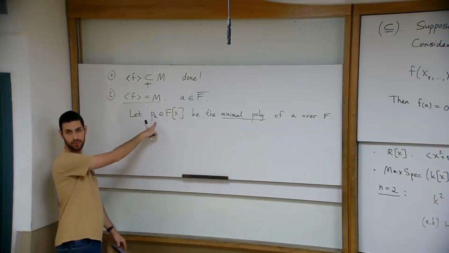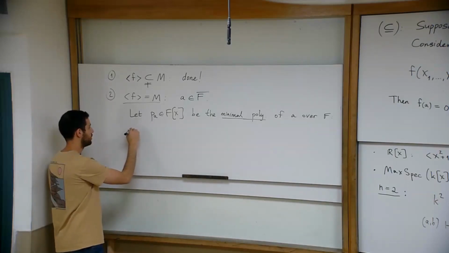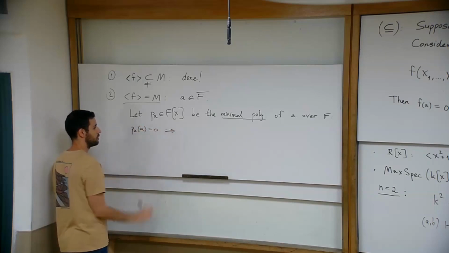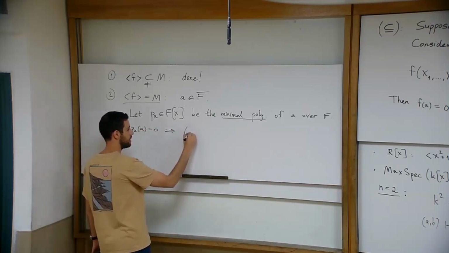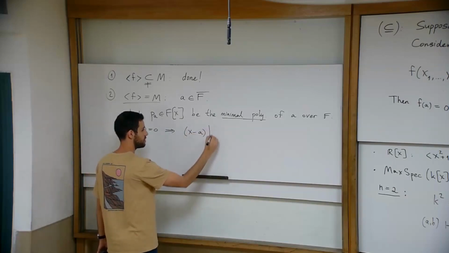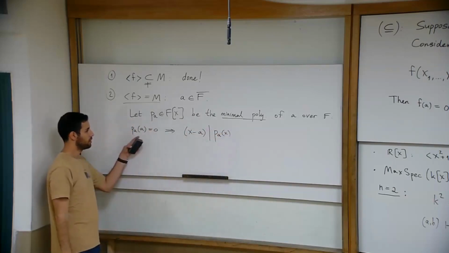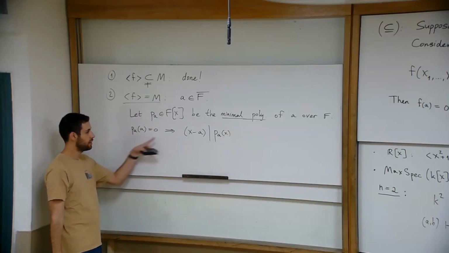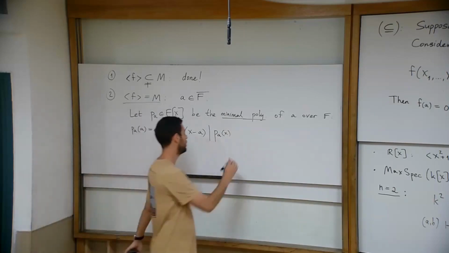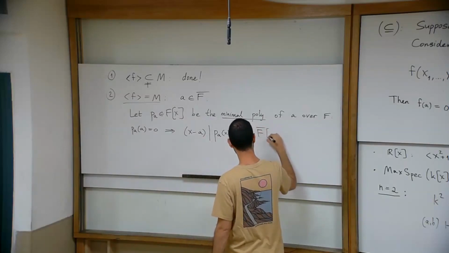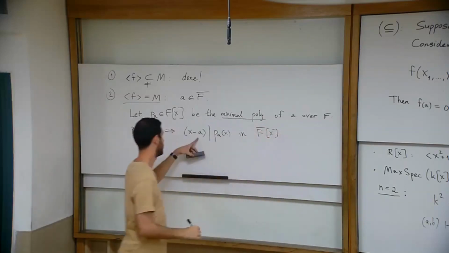Now, since A is a root of P of A, it follows that the polynomial x minus A divides P of A. Right? If A is a root of a polynomial, then x minus A divides this polynomial, where? In F bar x.